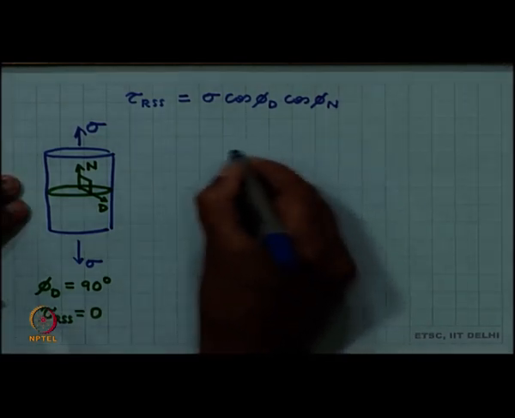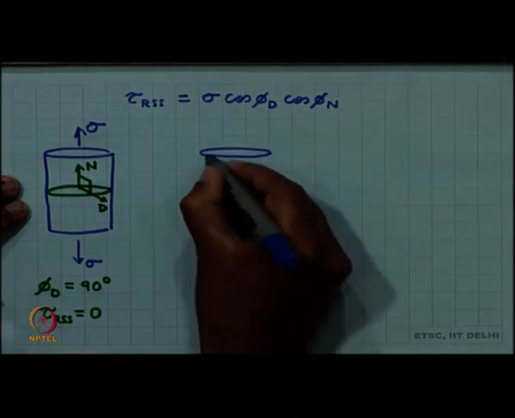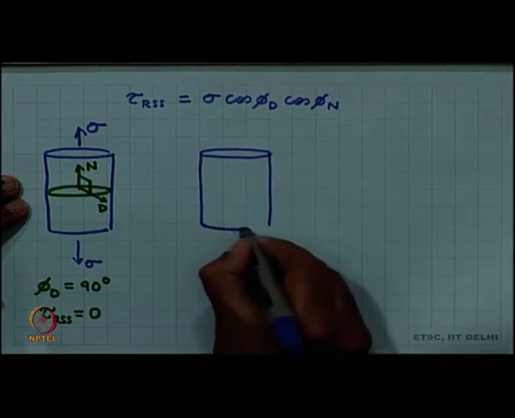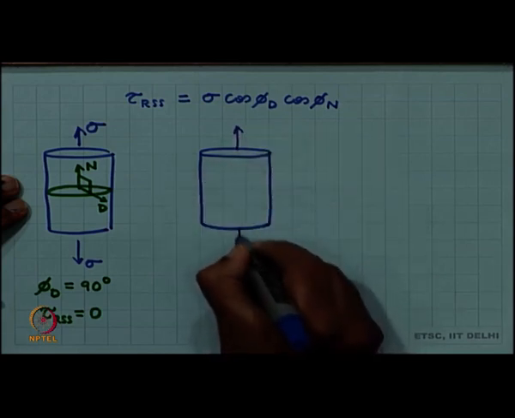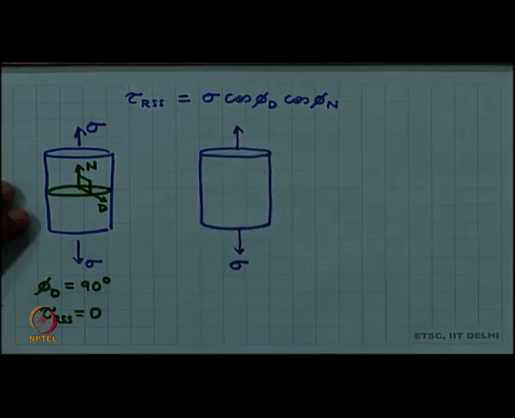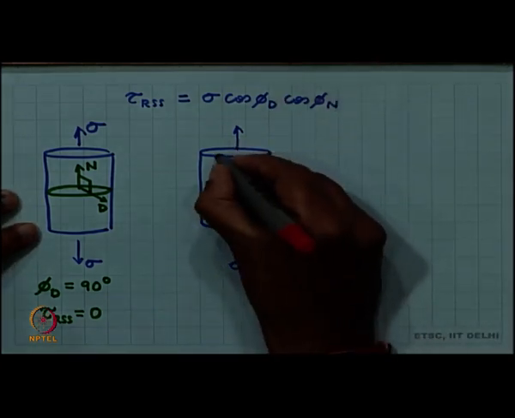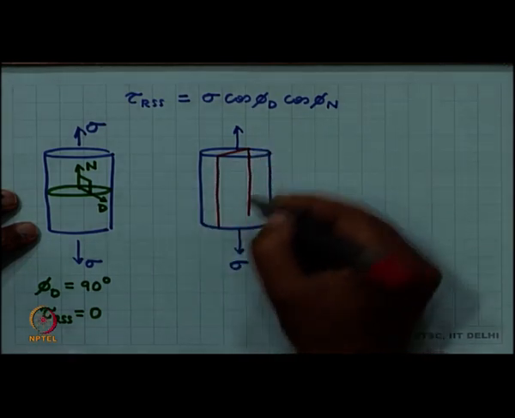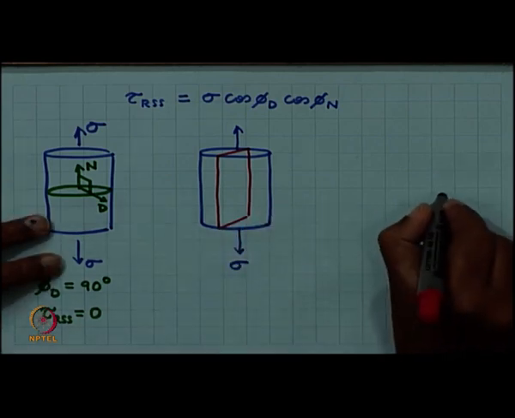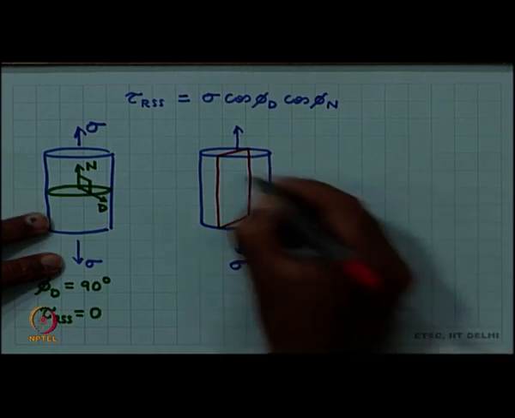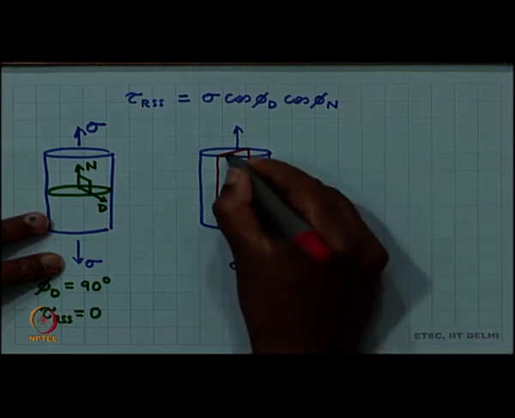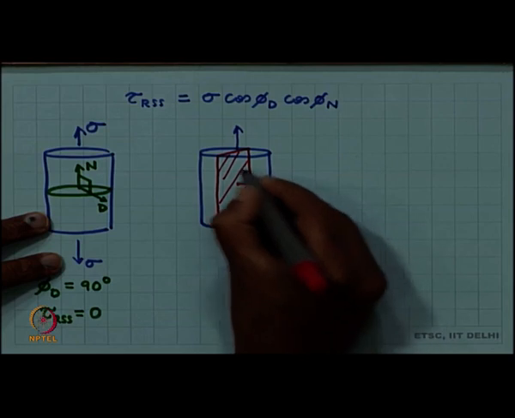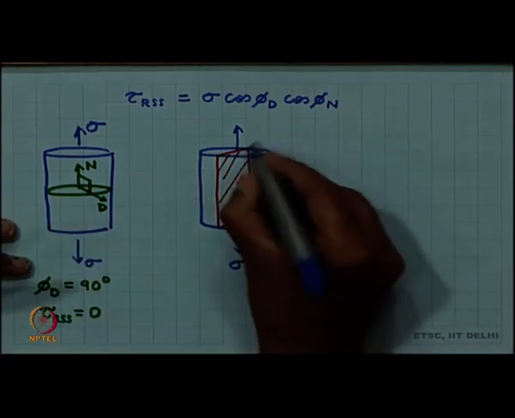Now, let us consider another case, in which I take a plane which is parallel to the stress axis. If I take a plane like this, you can see that the plane normal will make an angle of 90 degrees with the stress axis.